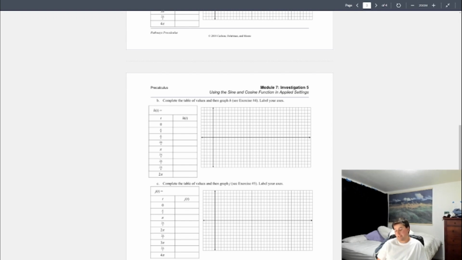Okay, so if I multiplied that by 2 pi, I should get the circumference. Now I should get 6.28.